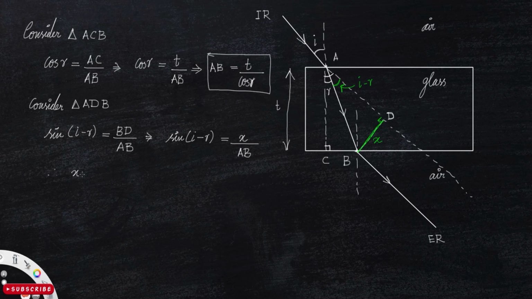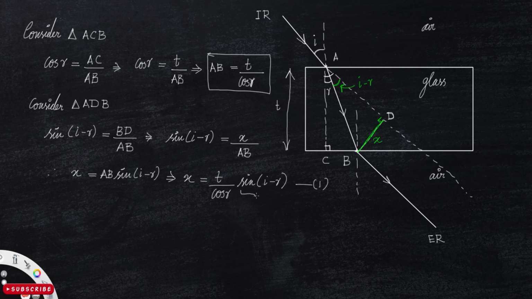Therefore, x is equal to AB into sine (I minus R). This implies x is equal to AB, and we know AB is equal to T by cos R, so T by cos R times sine (I minus R). Okay, let me call this equation number 1.